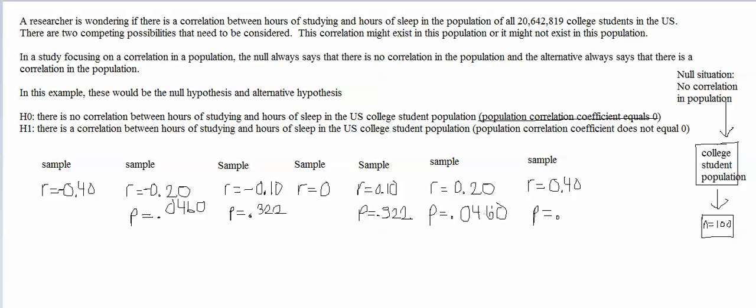I told you that the critical values in a hypothesis test are at 0.05, which means our critical correlation coefficient is somewhere between here at 0.05. The positive critical value is somewhere between 0.10 and 0.20.